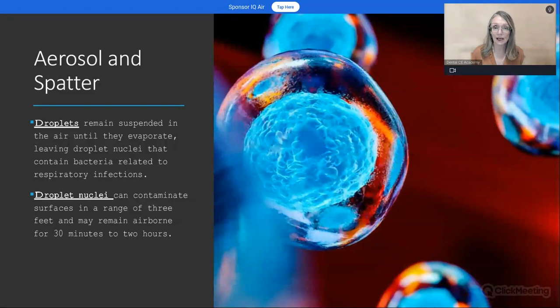Now, the droplet nuclei, these evaporated forms of droplets, can contaminate surfaces in a range of 3 feet, and they may remain airborne for 30 minutes to a couple of hours. And they don't just stay in your operatory. They can travel on out to the business office, down to your reception area, your business, your personal office, and so forth.